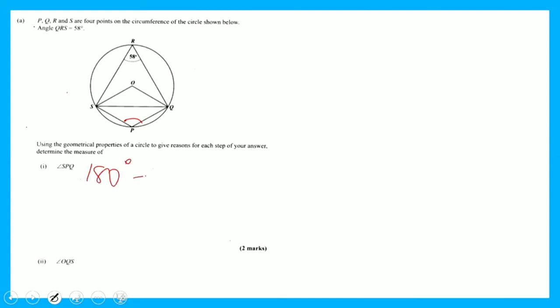So 180 degrees minus the 58 degrees should give you your answer. This was just one step, so you just give the one reason: opposite angles in a cyclic quadrilateral add up to 180 degrees.